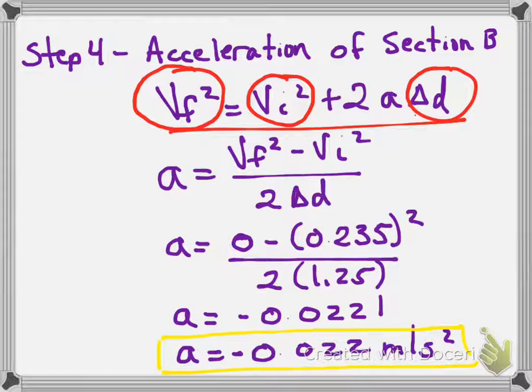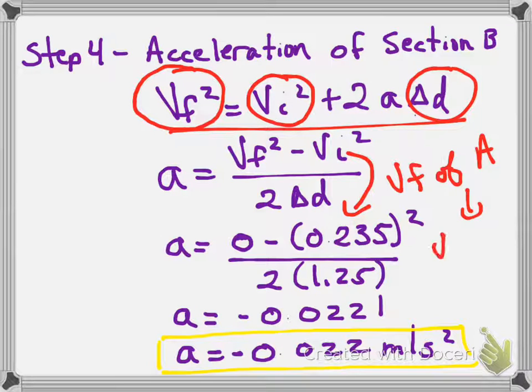So my initial velocity here is really the VF of A, which turns into the VI of B. We know that the skateboard coasts for 1.25 meters, so we can rearrange that and figure out the acceleration rate.